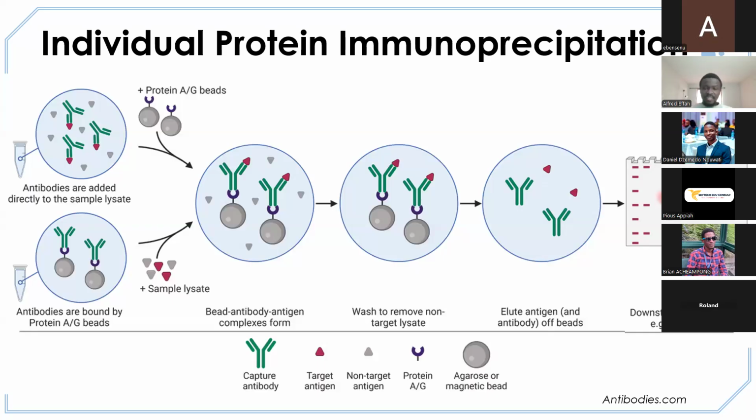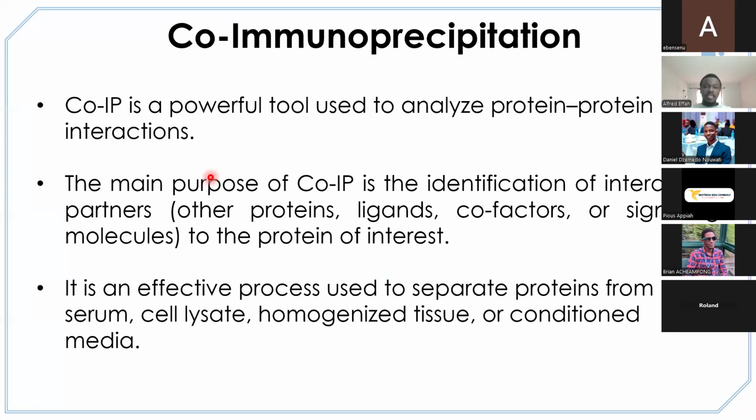Now, that is that for just immunoprecipitation. That is when you are interested in just a single protein. Now, what about when we have two proteins that are interacting? We want to find out.